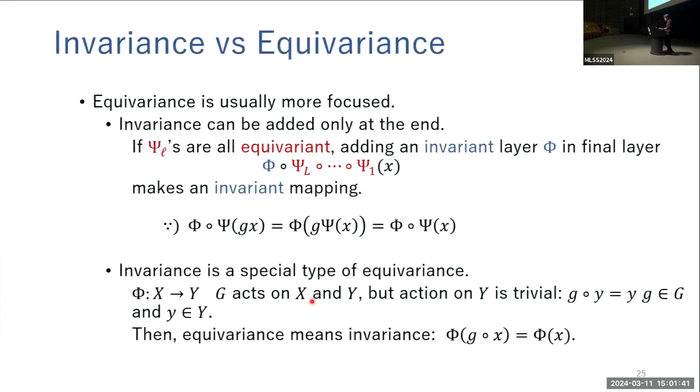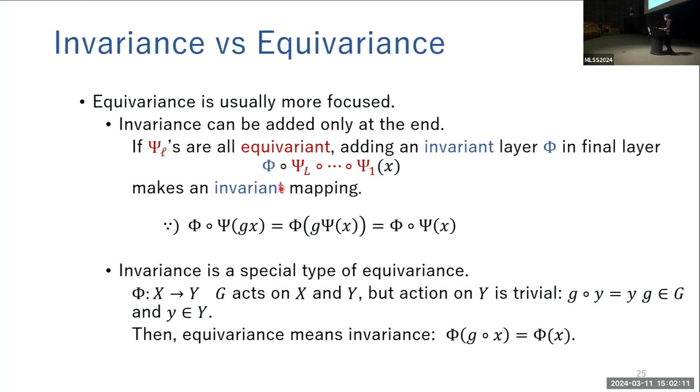So in this lecture and in many literatures of machine learning, equivariance is more focused than invariance. And there are a couple of reasons for this. So the first thing we should notice is that invariance can be easily achieved if we make an equivariant neural network. Because let's say in the convolutional neural network, we have many layers that realize the equivariance.